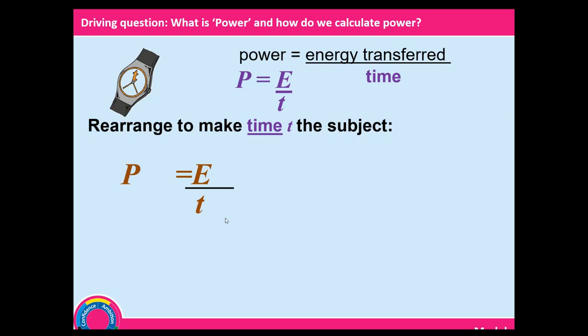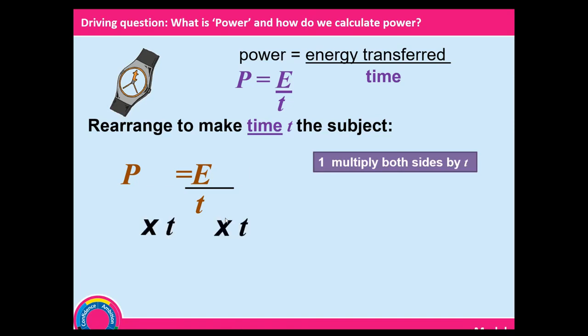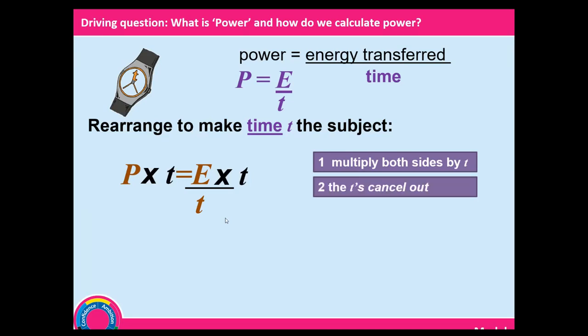Number one, we'll need to get T to the numerator, and number two, T has to be alone on one side. So, to get T to the numerator, we multiply both sides by T. We will notice on the right-hand side that we have T in the numerator and T in the denominator, so the T's cancel out. So we're left with P times T equals E.